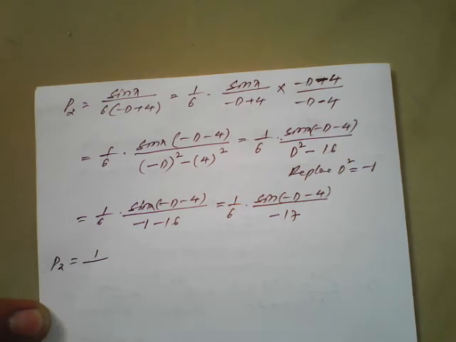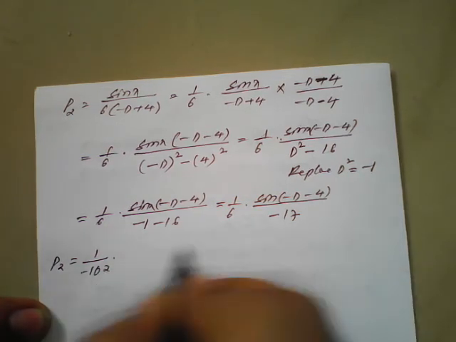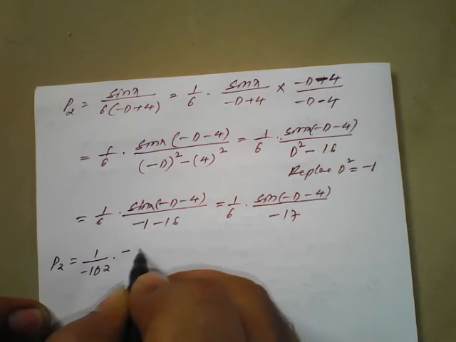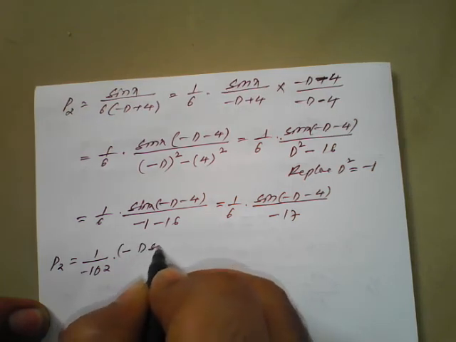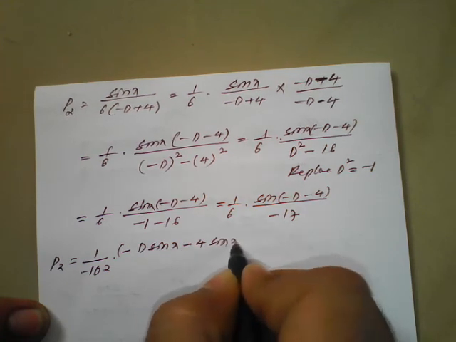1 upon 6 into 17 will be how much? 102. We have the minus sign, so 102, open the bracket, minus times differentiation of sine x minus 4 times sine x.